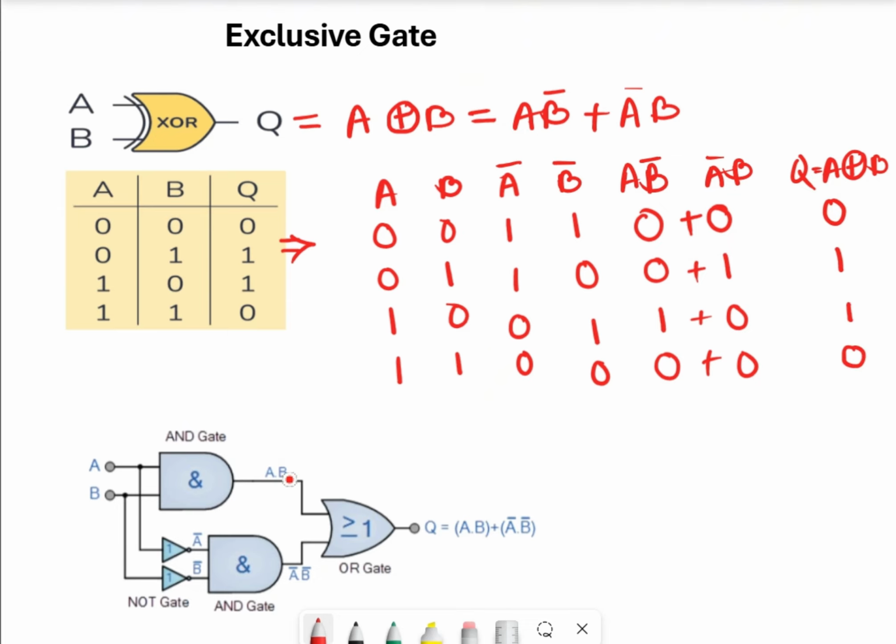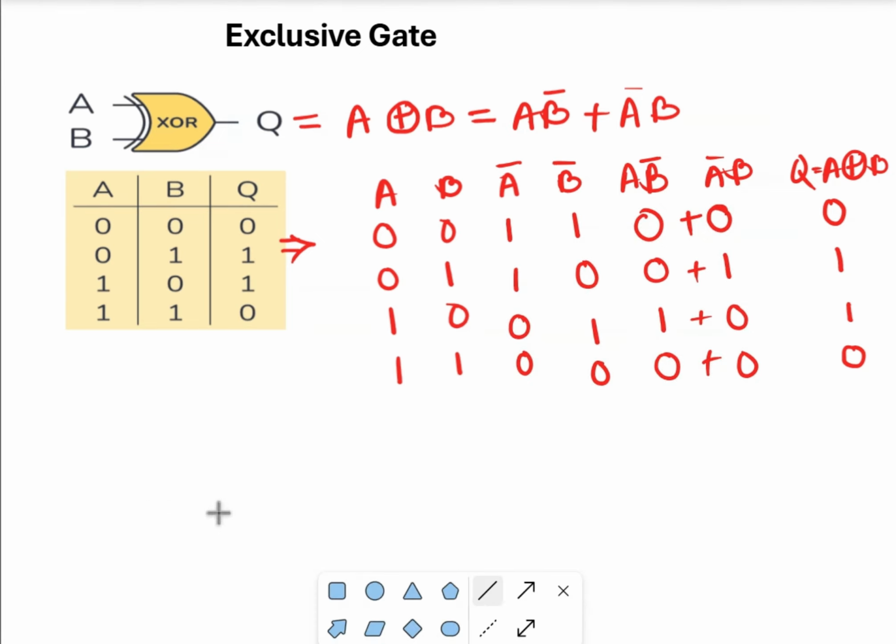It means when we have one input as 0 and the other as 1, we'll find the output is 1. One is 1, another one is 0, we'll find 1. So opposite inputs give the output high, right?